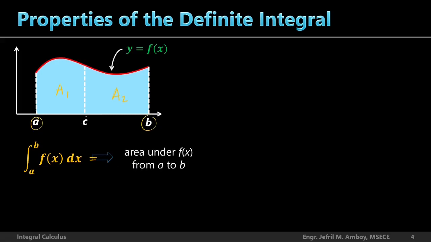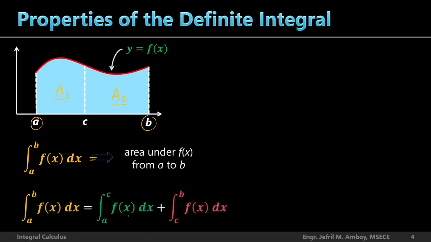Nung nagkaroon tayo ng constant na c, nahati yung buong area into two separate regions, area 1 at saka area 2. But mathematically, this area 1 equals the integral of f of x from a to c. And this area 2 equals the integral of f of x, this time from c to b. Okay, so this is another important property of the definite integral.